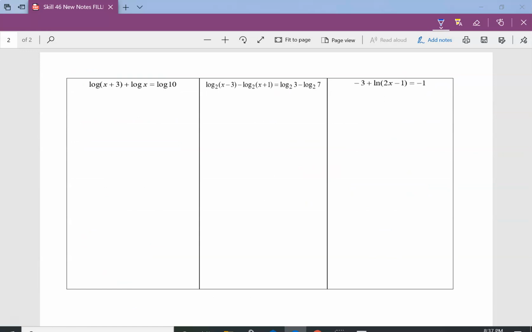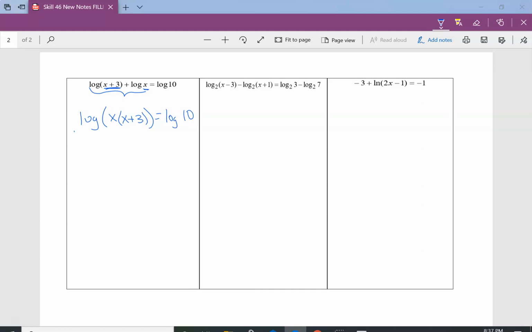All right, these next ones, I may not have enough time to go through every last detail of these, but what I'll do is I'll get them started. I'll explain how to do them, and then you can kind of finish it out. So here I'm going to condense those logs by the product property. So I'm going to multiply x times x plus 3. I have to exponentiate.